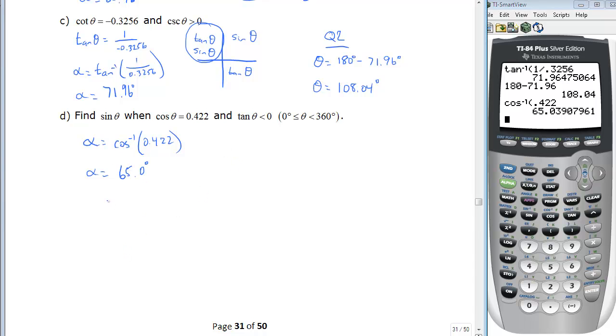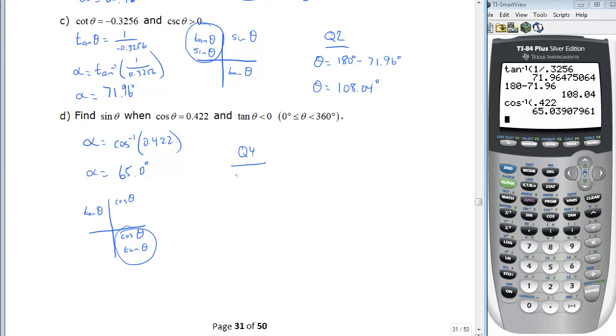Now we figure out the quadrant. Cosine is positive, so that's quadrant 1 and quadrant 4. Then we're told tan of theta is less than 0 or negative, so tan is negative in quadrant 2 and quadrant 4. So our answer is in quadrant 4.